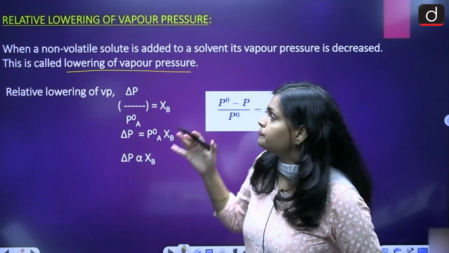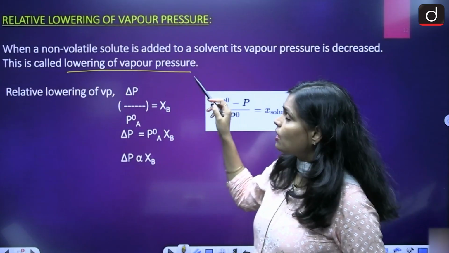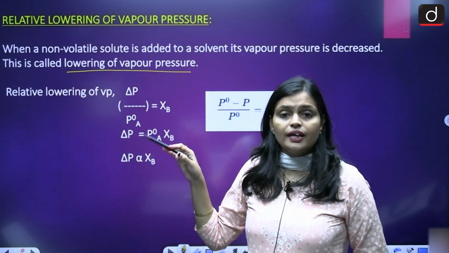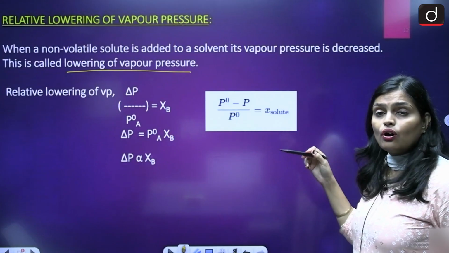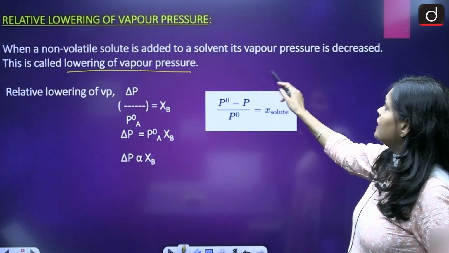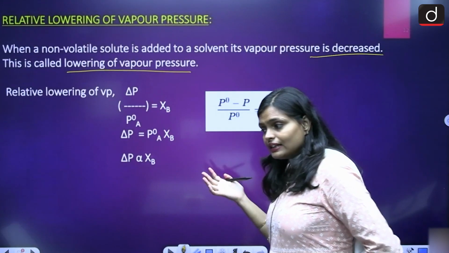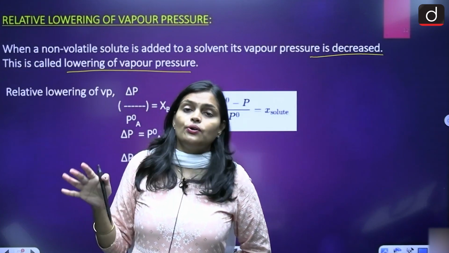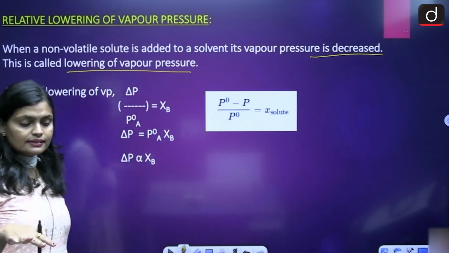Now we are talking about a non-volatile solute, not a volatile one, which does not contribute to the vapor pressure. When it is added to the solvent, the vapor pressure obviously decreases, because in that case you have a vapor pressure only due to the solvent, not due to the solute. So obviously it will decrease.